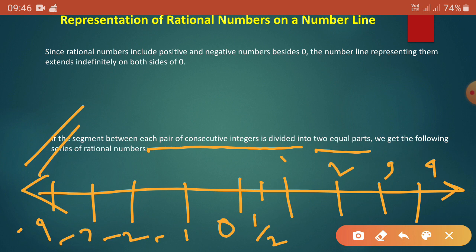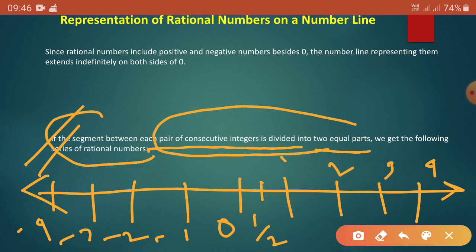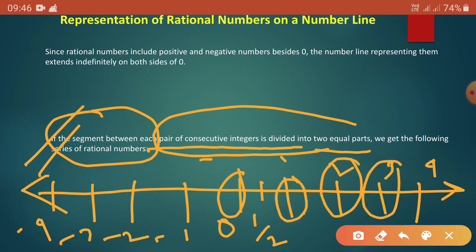Here the consecutive integers are 0 and 1, or 1 and 2, 2 and 3, 3 and 4. Each pair of consecutive integers is divided into equal parts.